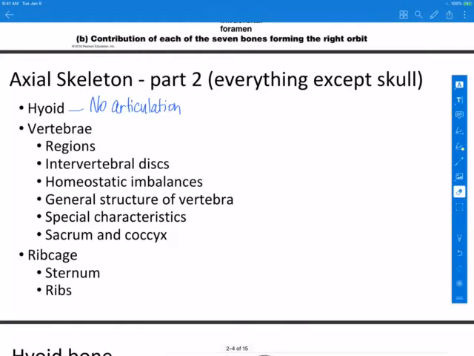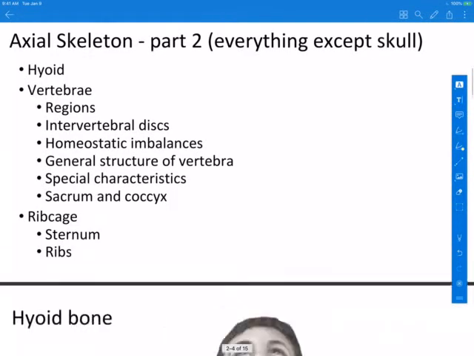And then we'll talk about the sacrum and the coccyx, which is the tailbone. And then finally, the sternum and the ribcage. So go ahead and move on to the next picture.